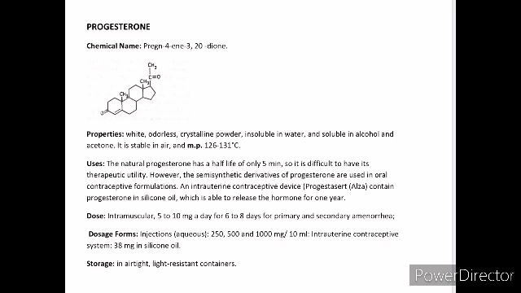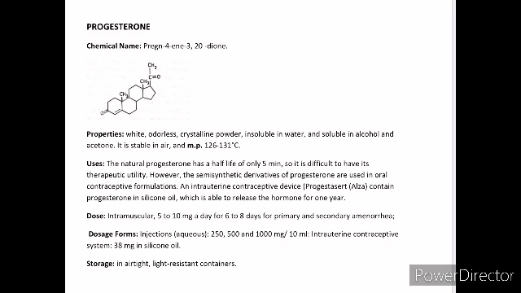Now the natural progesterone has a half-life of only 5 minutes, so it is difficult to have therapeutic utility. However, the semi-synthetic derivatives of progesterone are used in the oral contraceptive formulations. We have an intrauterine contraceptive device, that is Progestasert, which contains progesterone in silicone oil, and that is able to release the hormone over 1 year.